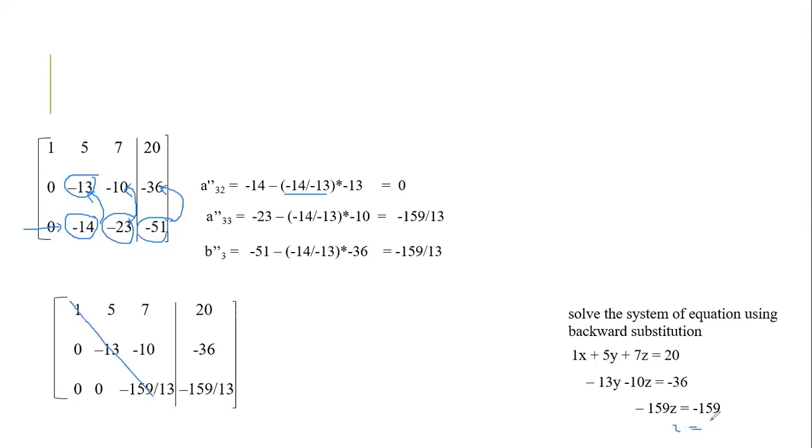Then substitute backwardly into the next equation to find y, and then substitute y and z into the first equation to find x.